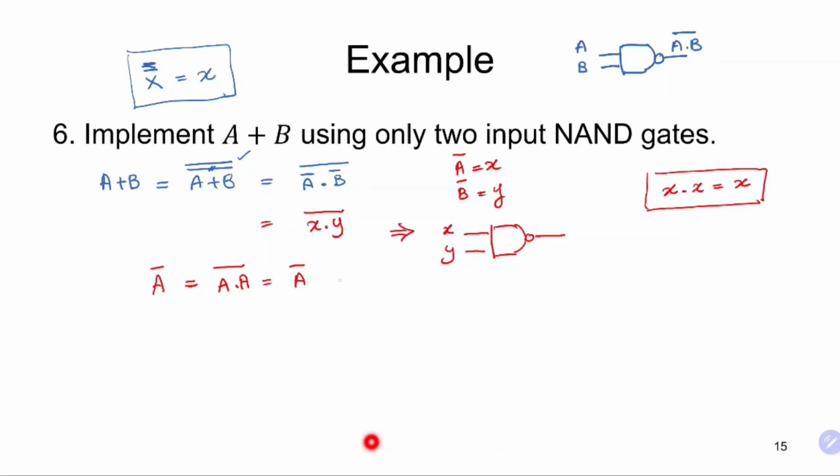So we can achieve this using A through a NAND gate. If they are both the same, we can tie them together and just put it through to A. Same thing for B.